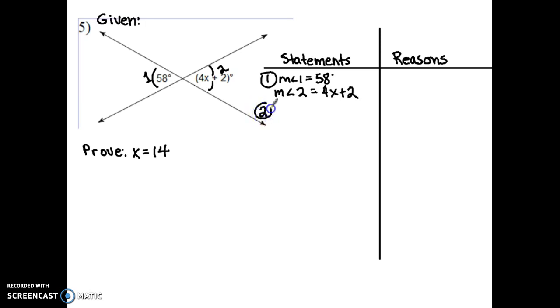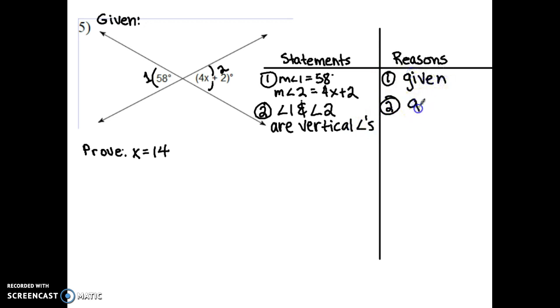I should recognize these angles are across from each other here. So angle 1 and angle 2 are vertical angles. All of this stuff is given in my diagram, or I can see that in my diagram, so I know it.